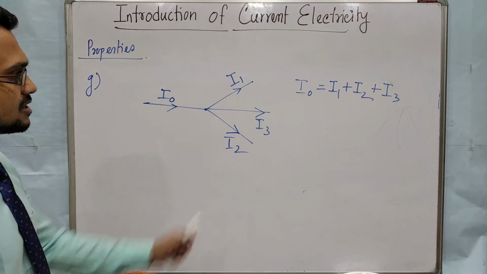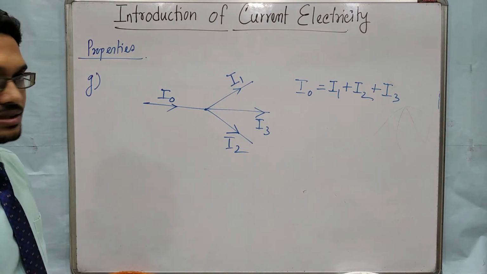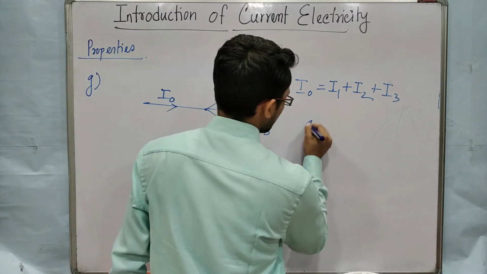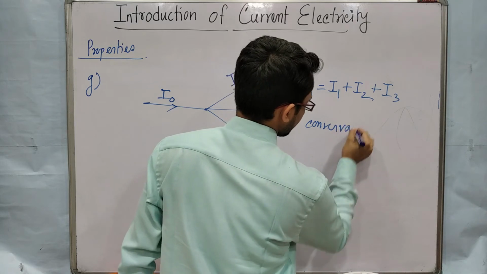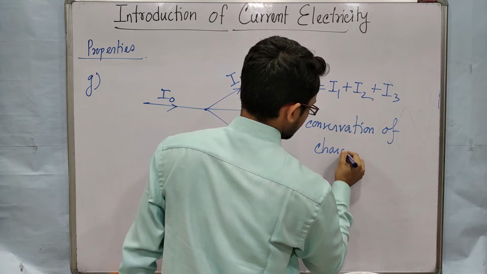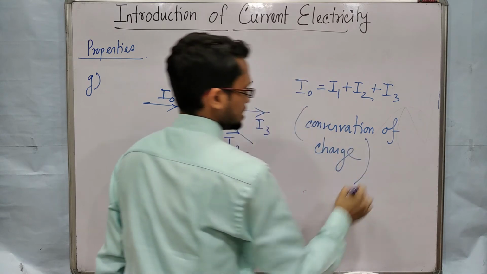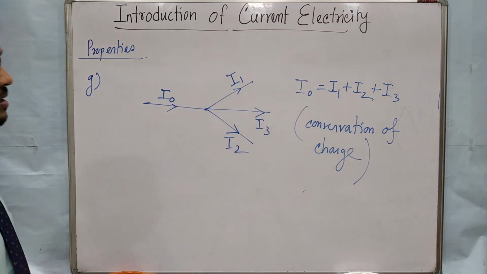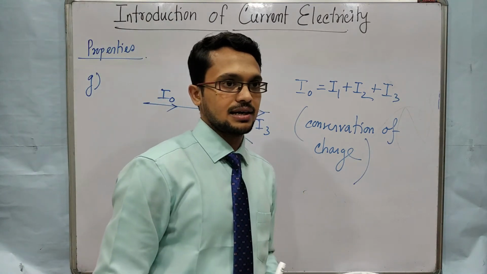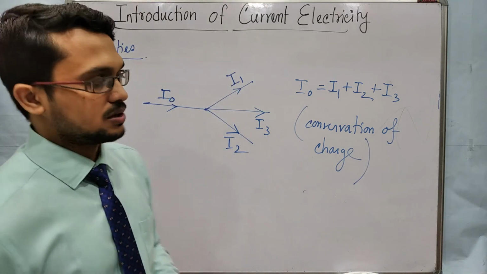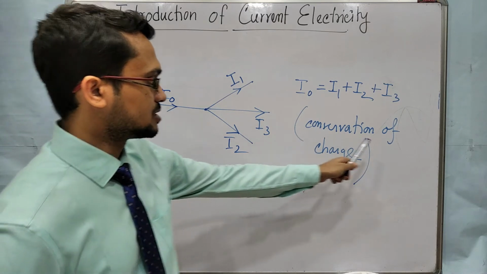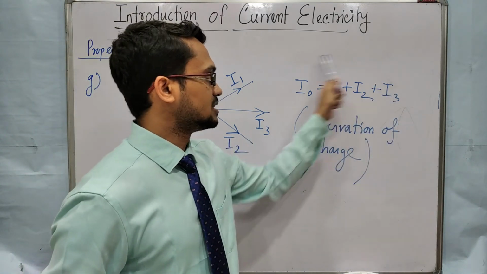This will happen due to some physical reason. That reason is conservation of charge. This is a very important point. We will elaborately discuss this point in the next topic, that is Kirchhoff's law. Conservation of charge means we can use this kind of equation.